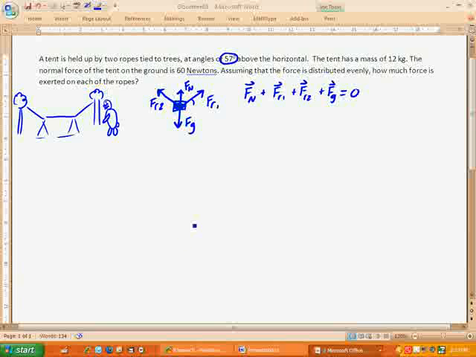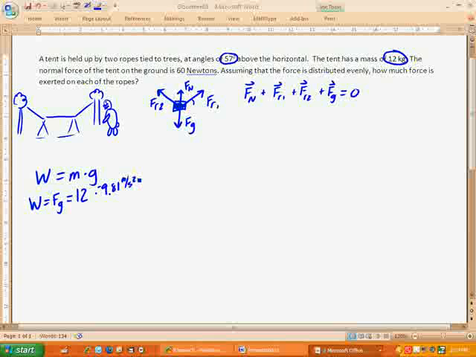Okay, so what we'll need to start to do is we know that the mass of the tent is 12 kilograms. Well, I know that my weight is equal to the mass times gravity, the gravitational pull. So the weight is the same thing as the force of gravity. That's what it is by definition, times 12 kilograms, and then times negative 9.81 meters per second squared.